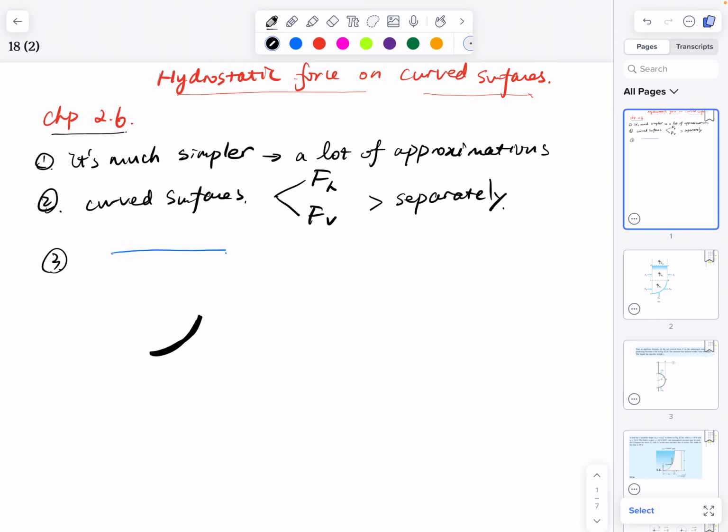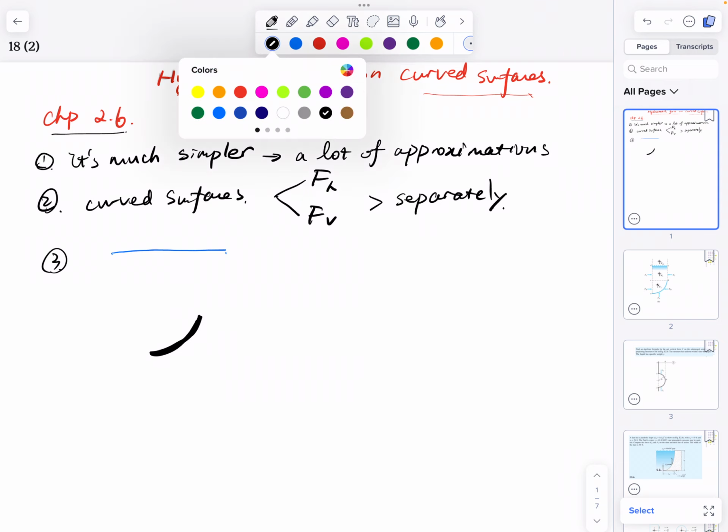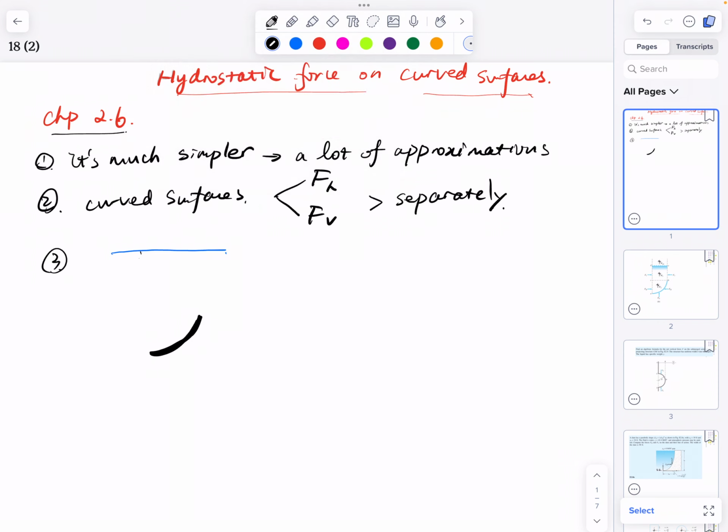You connect the end of the board to the top of the surface. Okay, and this part is the key that we can solve for FV and FH. Let's use capitalized H here.